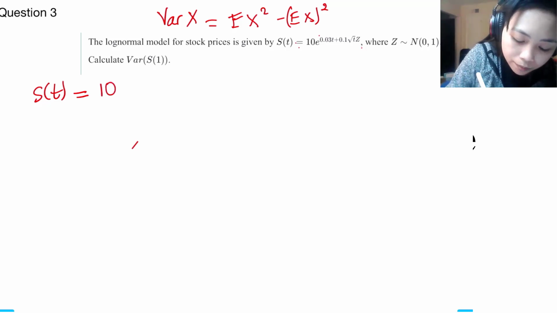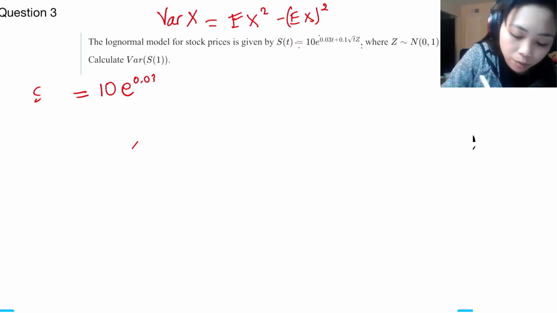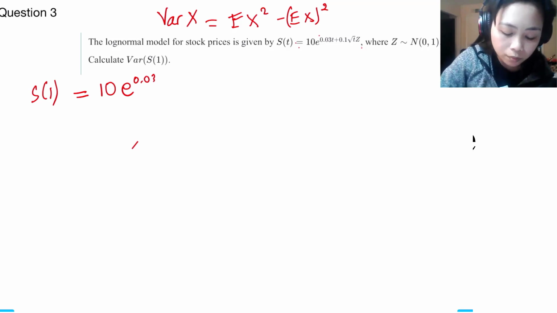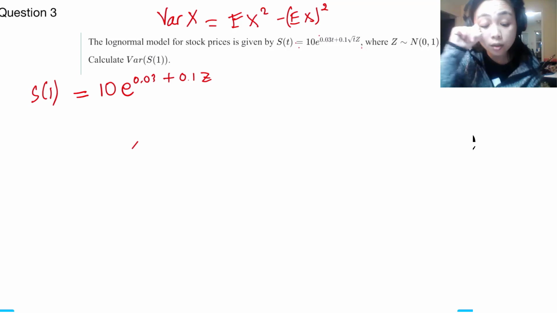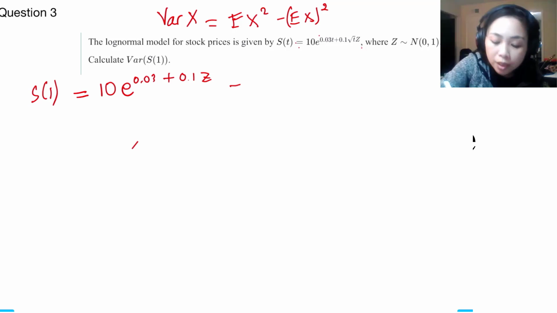S sub 1 is 10 e to the 0.03 plus 0.1 square root of 1, which is just 1, so we just need z right here. Alright, and it should be equal to 10, which here is just e to the natural log of 10, right? Then e to the 0.03 plus 0.1 z, and then just simplify it to be e to the natural log of 10 plus 0.03 plus 0.1 z. See that?